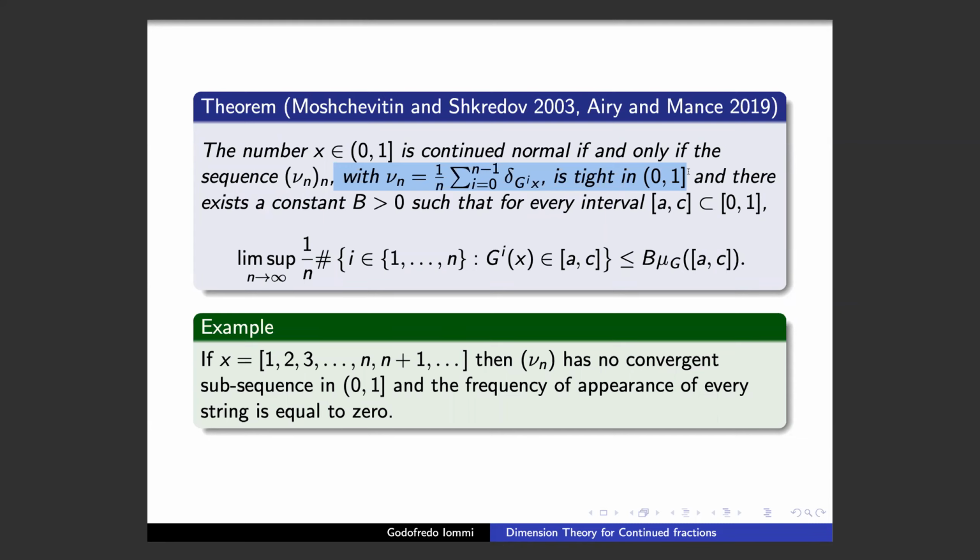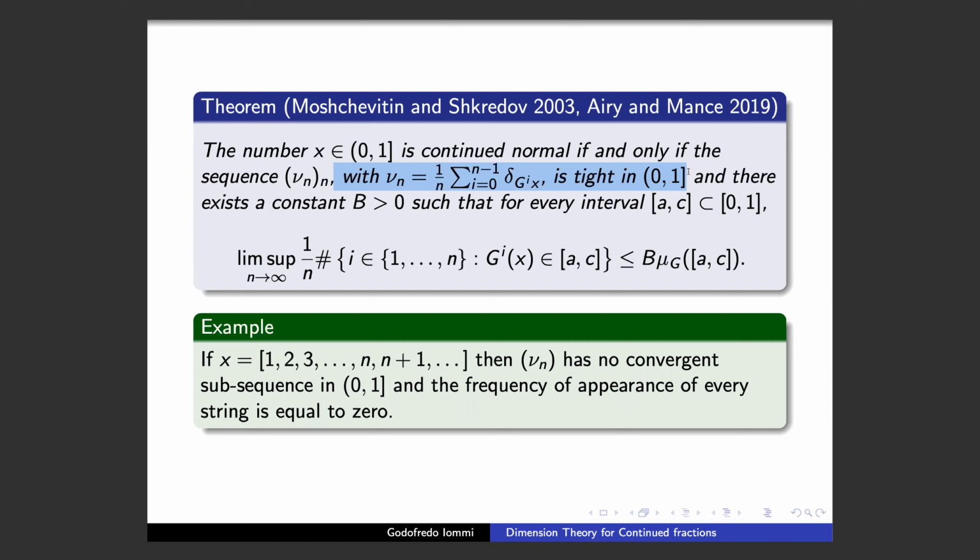You pick an accumulation point for that measure, and then you can show using the assumption there that it is absolutely continuous with respect to the Gauss measure. The Gauss measure is ergodic, so the limit point of the empirical measures is indeed the Gauss measure, and therefore everything works, the number is normal.